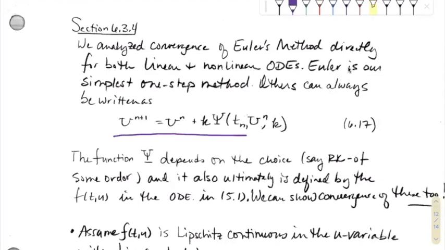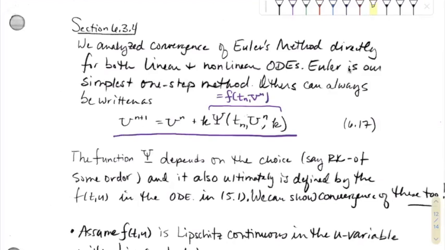So think about any of those methods that fit into this category as being able to be presented in this one-step form, where now this psi would have been just a simple Tn and Un for Euler's method.